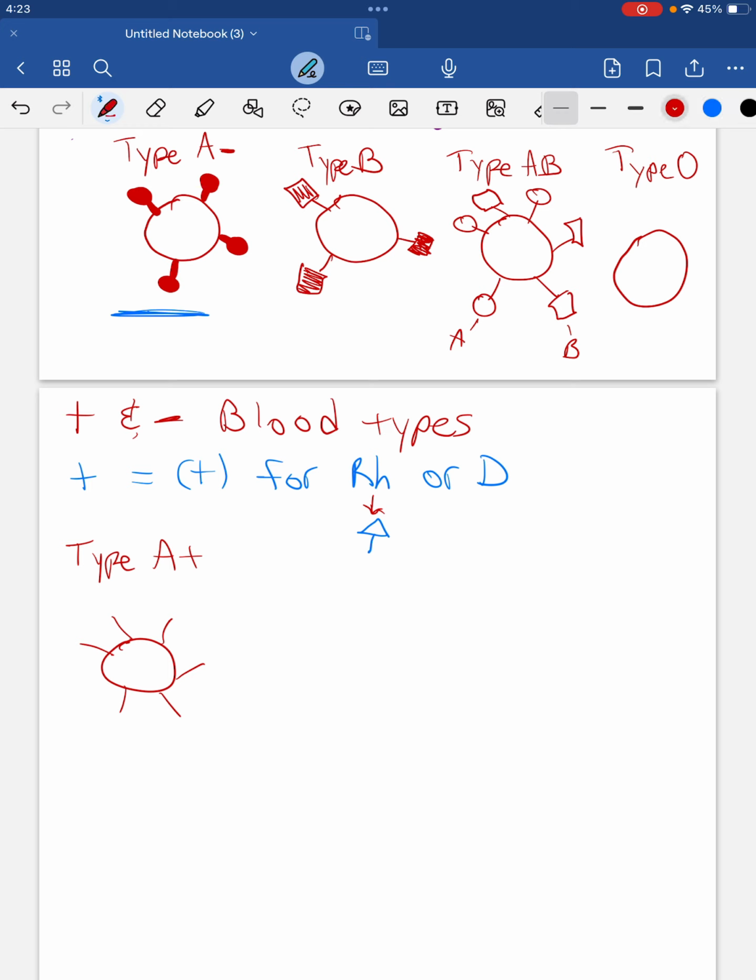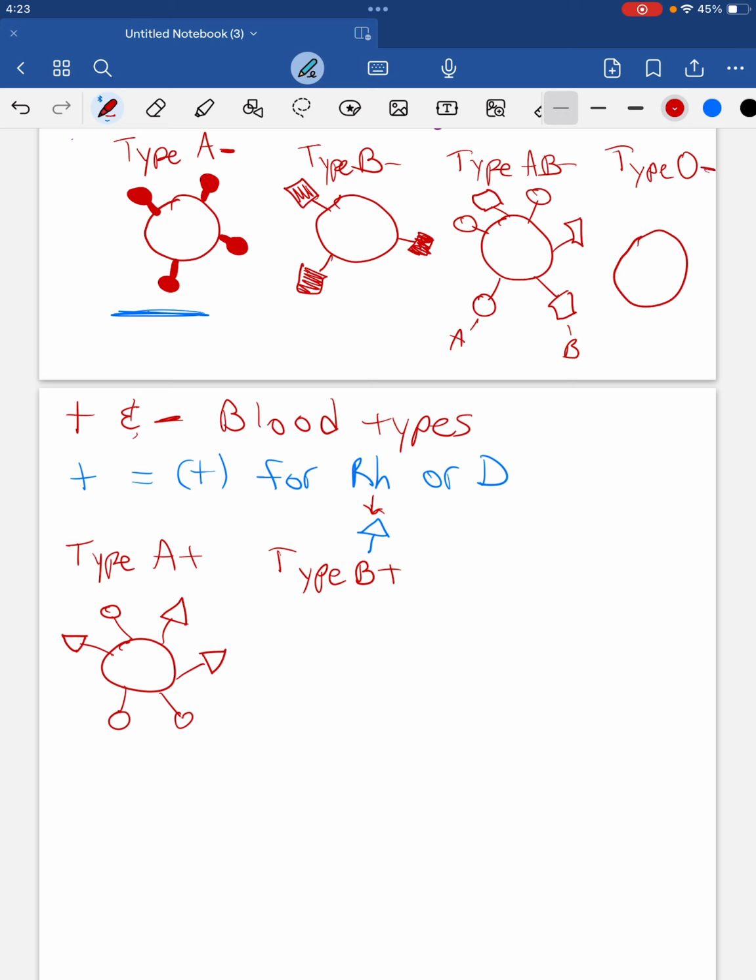So our type A positive has both A antigens and our Rh or D antigens, which are triangles. It's just another antigen that's present. If you're positive, you have it. If you're negative, you don't. Now, for consistency, so you can see everything here, I'll draw out all the positive blood types. Type B positive, and let's change these to negative blood types up here.